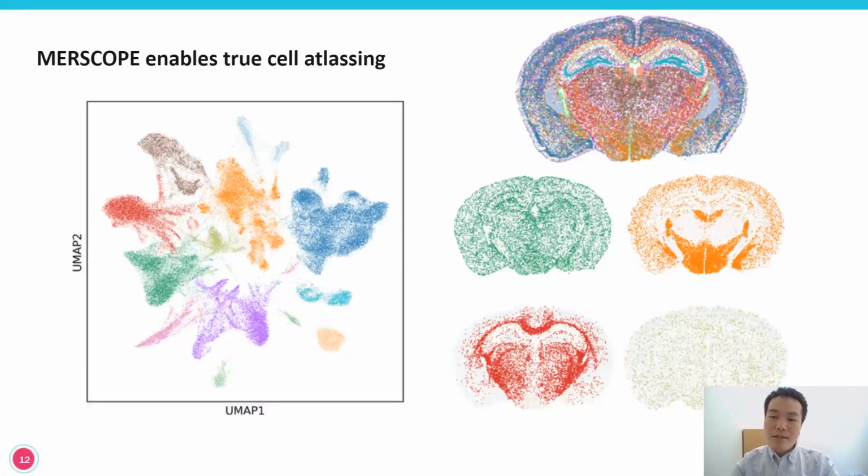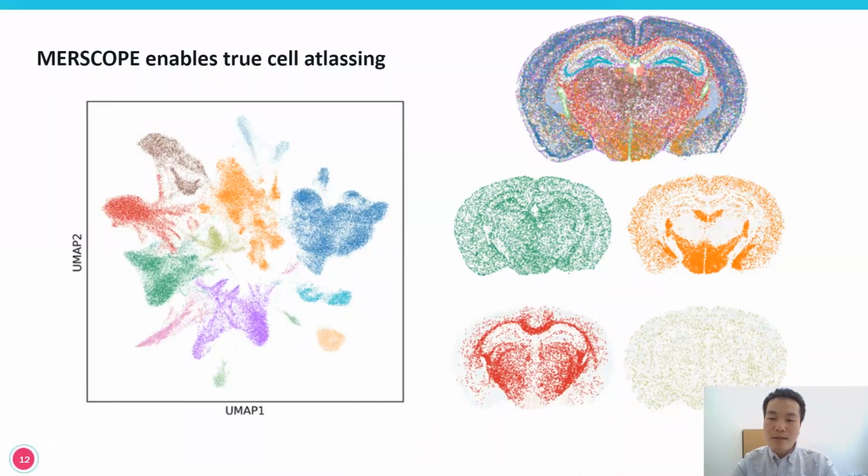So this single-cell resolution of our platform technology really allows us to perform single-cell analysis and atlas the cellular composition of complex tissues. So again, in this same measurement, by counting the number of transcripts within each segmented cell and then clustering the cells based on the gene expression, we can perform the same sort of analysis that you can do with single-cell sequencing.